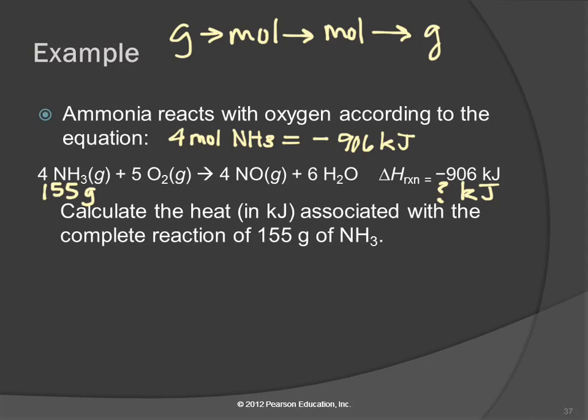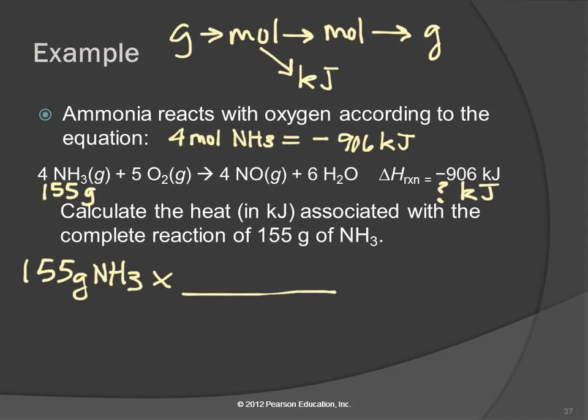So in our path, what we're going to do is start with grams and go to moles, and then take a little detour and go to kilojoules. So grams to moles to kilojoules. It's a little bit shorter. So 155 grams of ammonia.